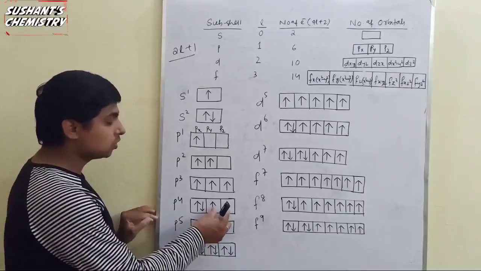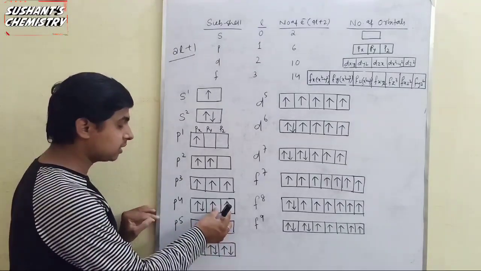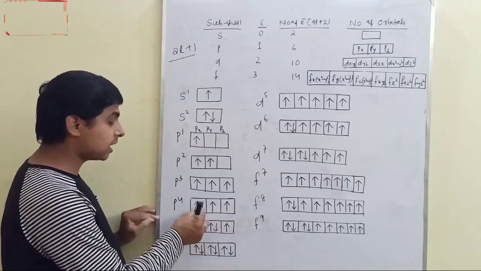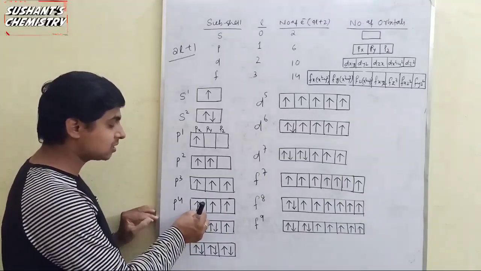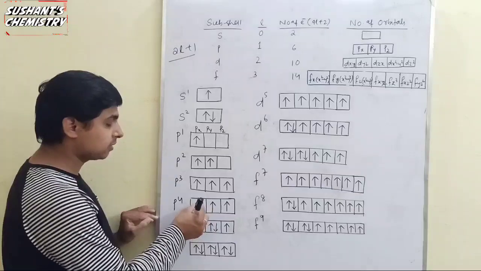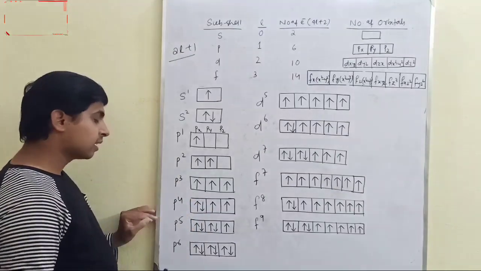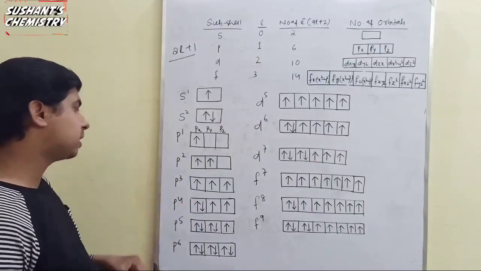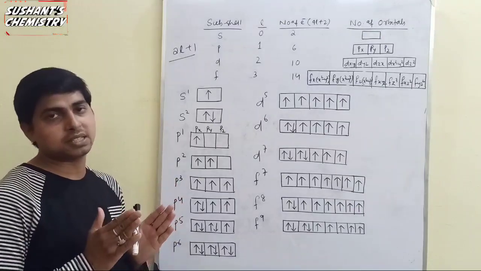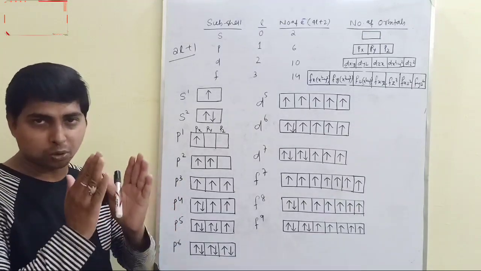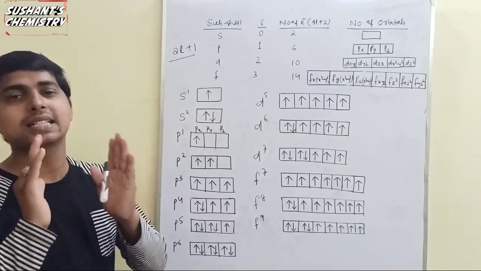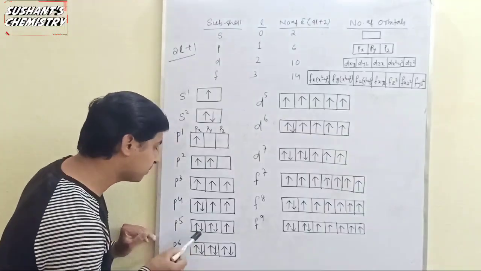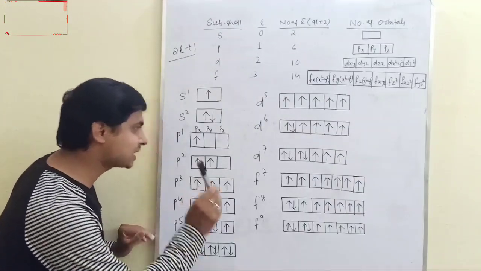In this case, 2 electrons have the same spin in separate orbitals and 2 electrons are present here with opposite spin. That is called a spin pair. We see that in p orbitals, the pairing takes place after the addition of the 4th, 5th and 6th electron.